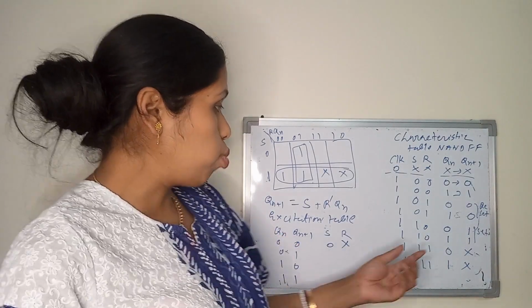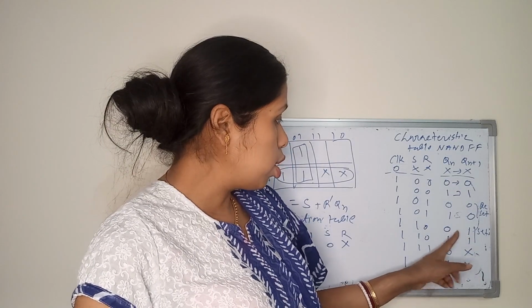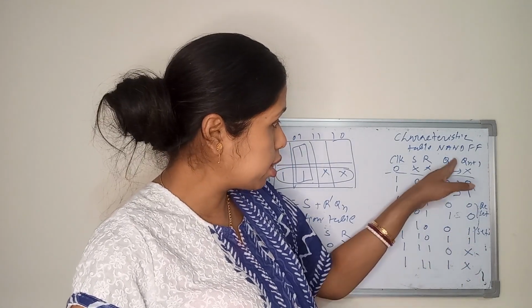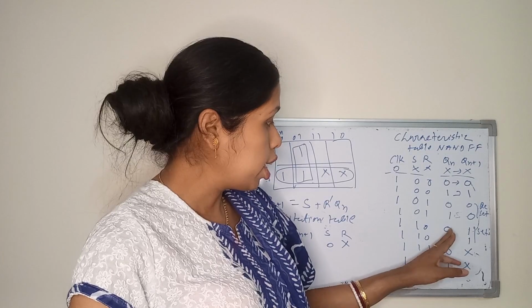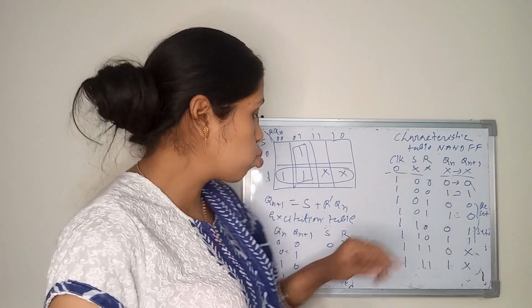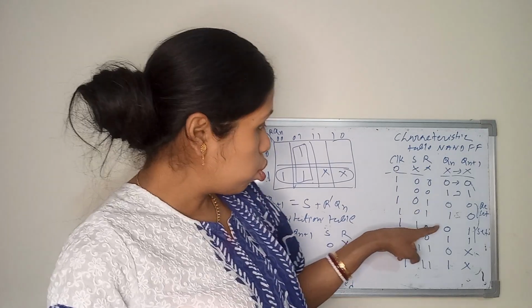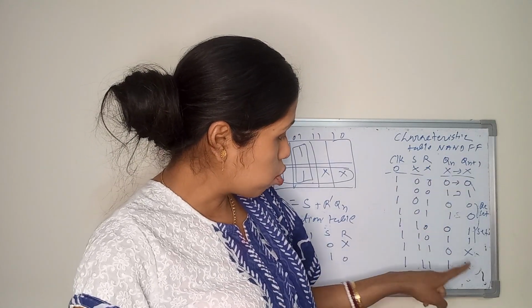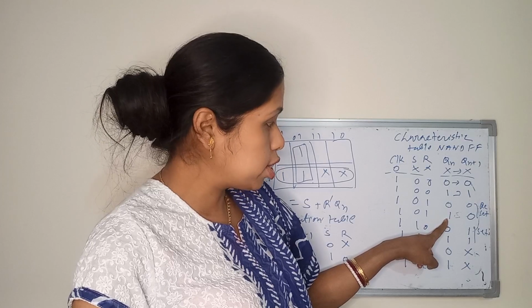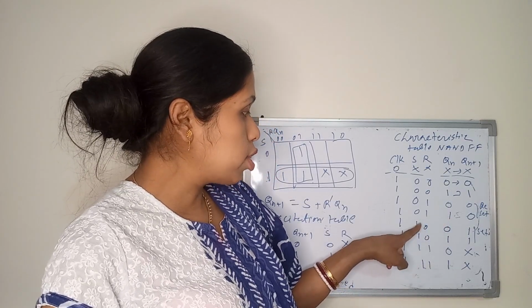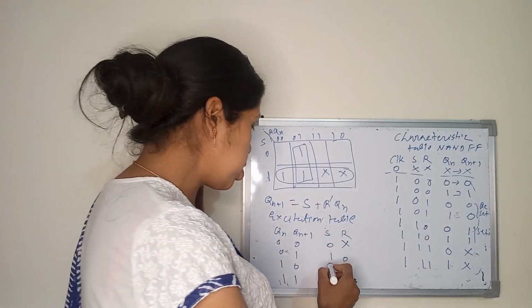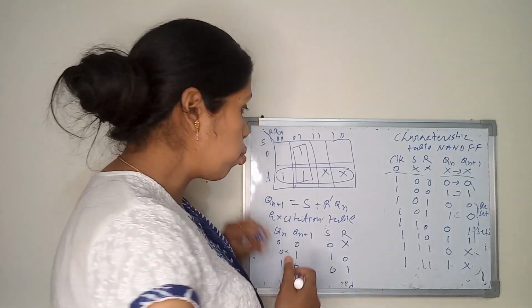Now come to the 0 1. For 0 1, only one 0 1 is there under the Qn and Qn plus 1 columns, you can see. 0 1 means S is 1, R is 0. Now 1 0. If you see the Qn and Qn plus 1 column 1 0, only one 1 0 is there. Only one 1 0 means S is 0, R is 1. Now 1 1.